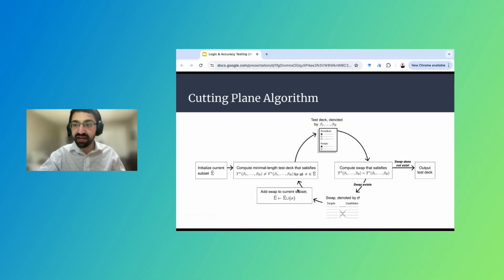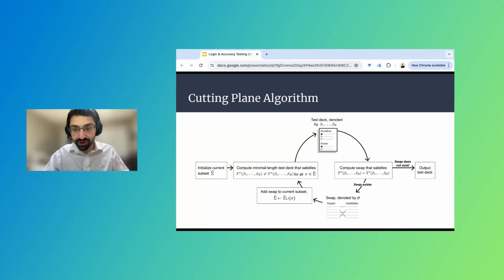So in other words, at every iteration of this method, we find a test deck that's feasible for a subset of our constraints. We then find a constraint, equivalently find an incorrect bijection that's violated, that wouldn't be detected by our current test deck, add that incorrect bijection into our running subset of incorrect bijections, and do it again.